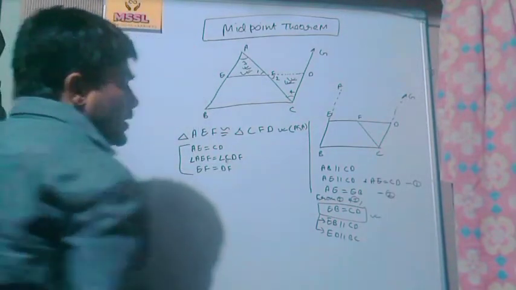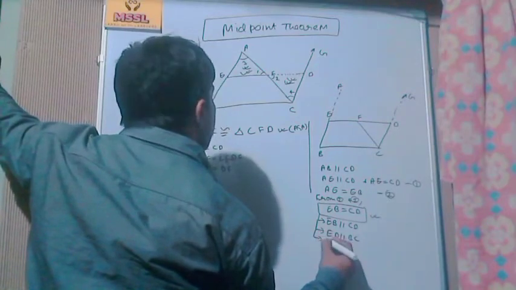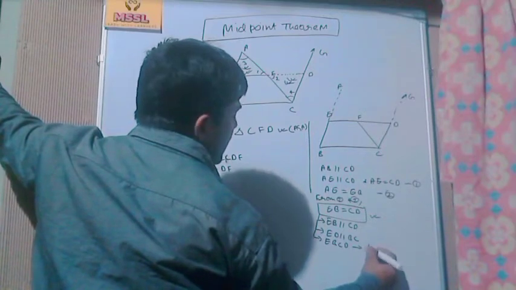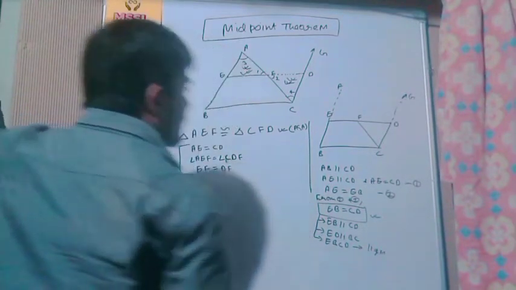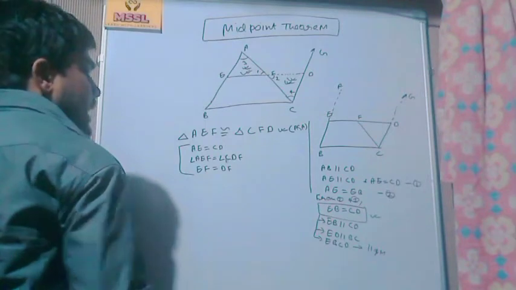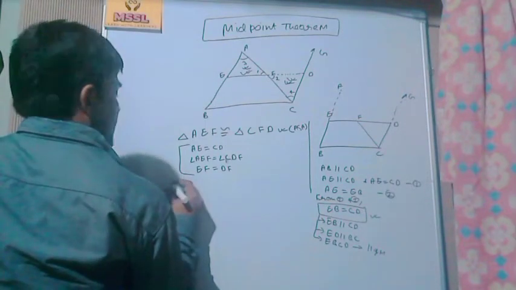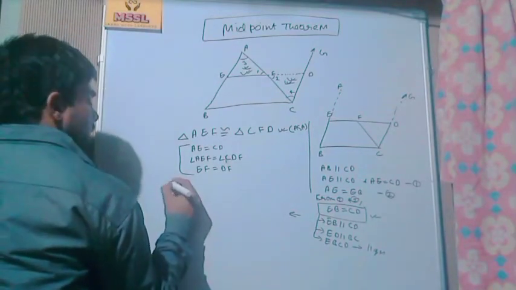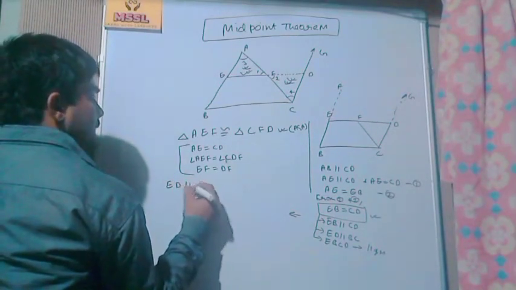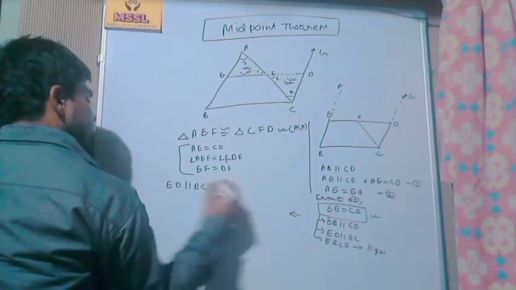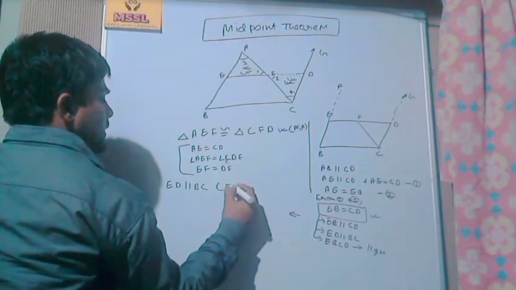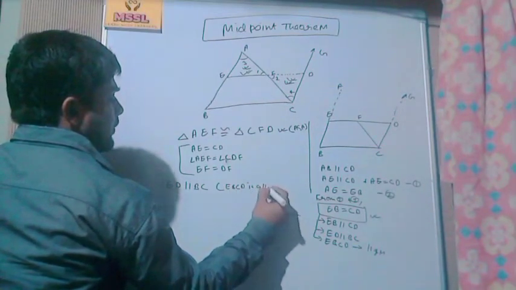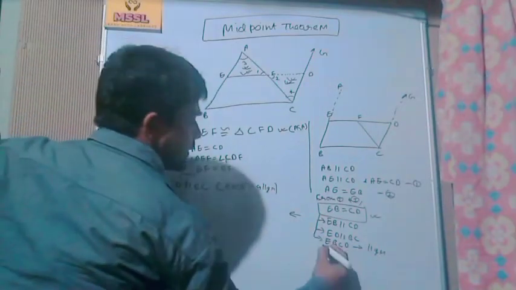So we can say that EBCD is a parallelogram. Now moving on, the third step is: if ED is parallel to BC, because EBCD is a parallelogram we have proved over here.